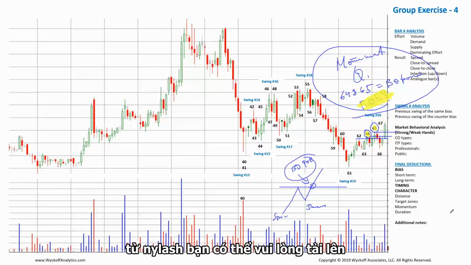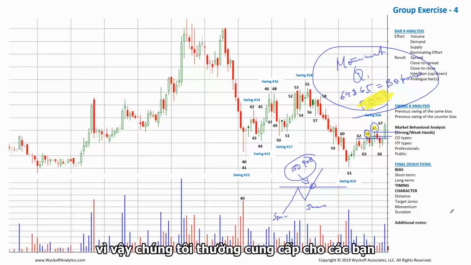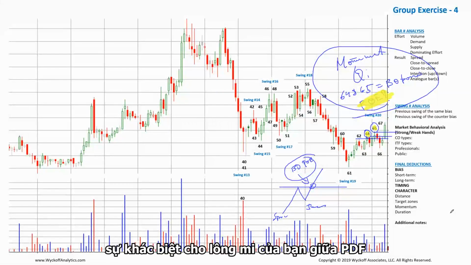A question here from Nilesh. Could you please upload PowerPoint slides for this exercise? So usually we provide you guys with the PDF. Is there a difference for you, Nilesh, between PDF and the PowerPoint? I could definitely do that. You mean the homework PowerPoint slides?